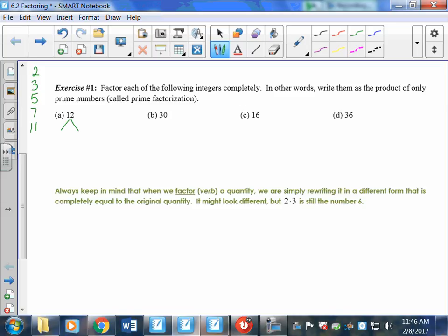And 2 is a very special prime number. It's the first prime number. It's also the only even prime number, because every even number after that has 2 as a factor, so it won't be prime. So the number 12 is going to be 2 times 6, and I stay with 2 if my number is even. And 2 times 3, and as soon as I get to another prime, I know my prime factorization here is 2 times 2 times 3.